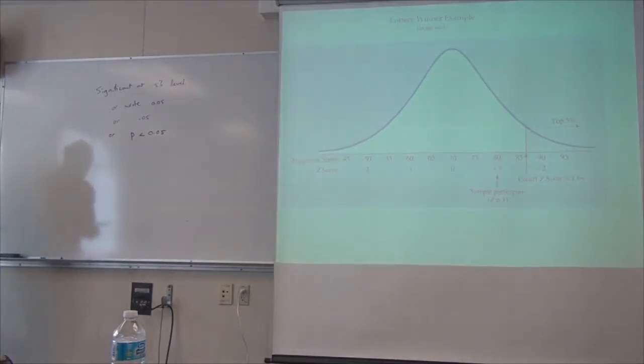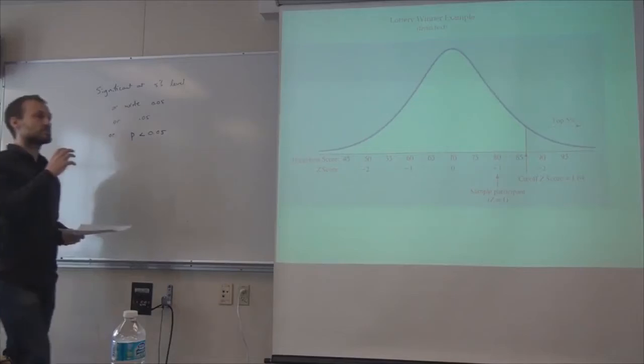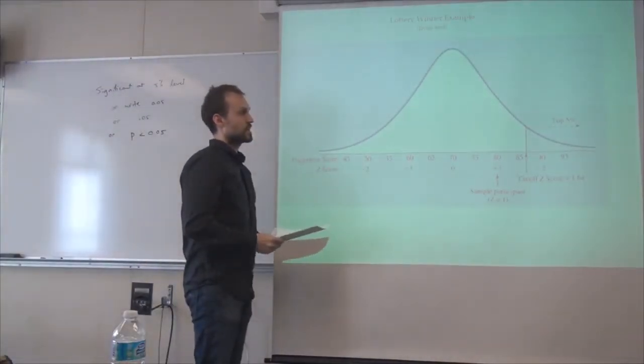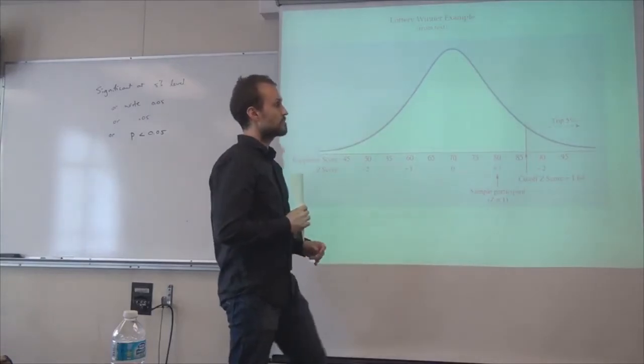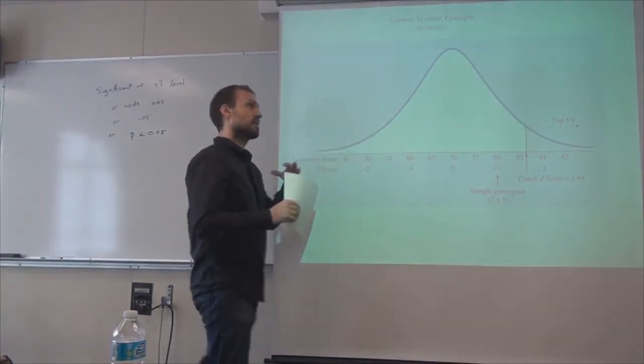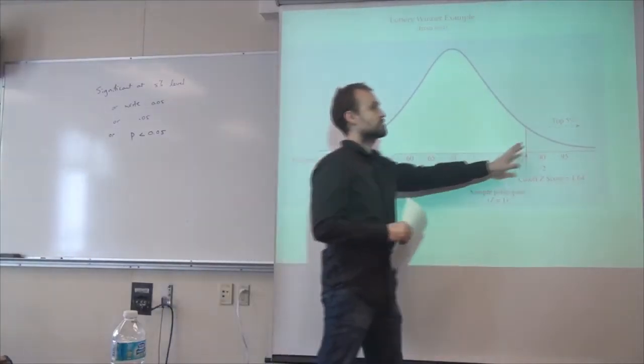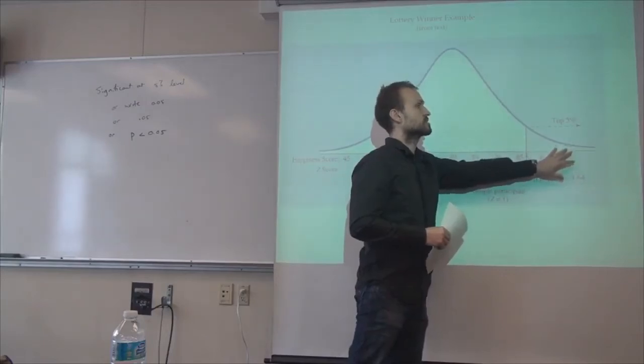So because I wanted to look for someone that was significantly happier than the population average, I was only going to accept or reject the null hypothesis and have evidence that supports the research hypothesis if I found someone on the right here, this extreme.